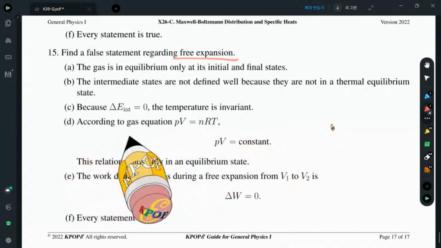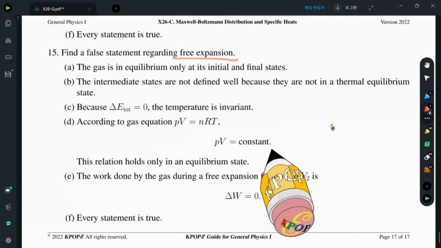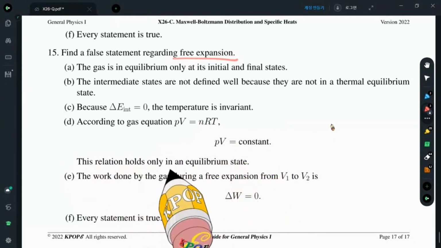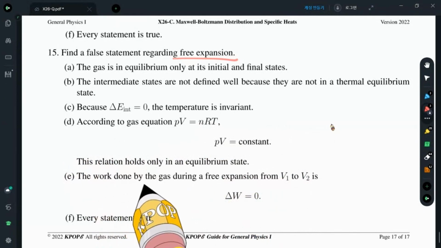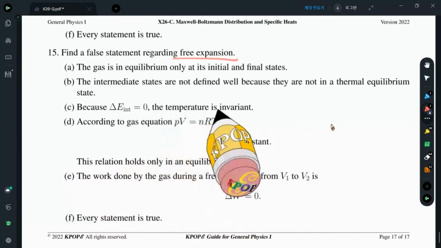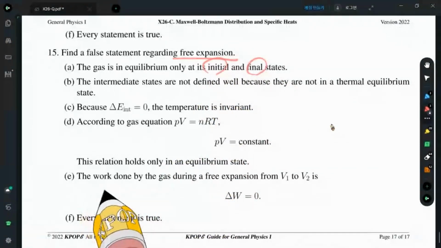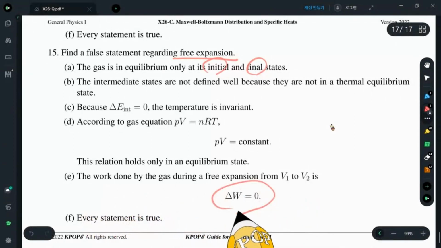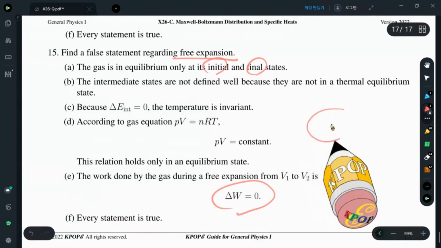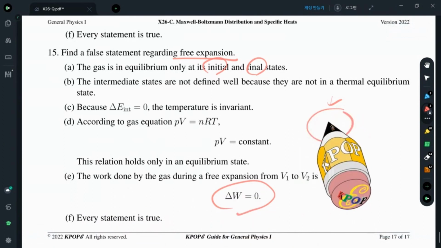According to the gas equation, PV equals nRT, so PV equals constant. The relation holds only in a thermal equilibrium state. That's right. The work done by the gas, so this equation can be applicable only in the initial and final states. The work done by the gas during a free expansion is 0. If you apply action and reaction, the vacuum does not apply any force to the gas. Therefore, the free expansion does not require any work.